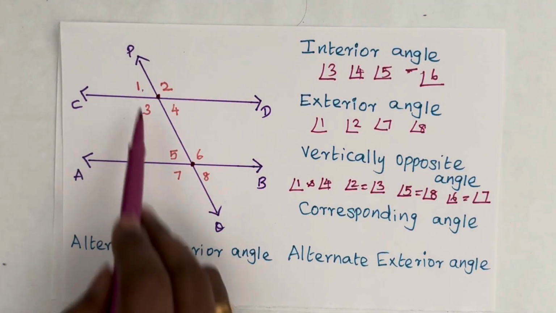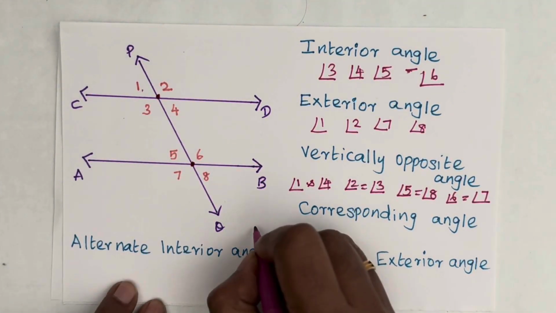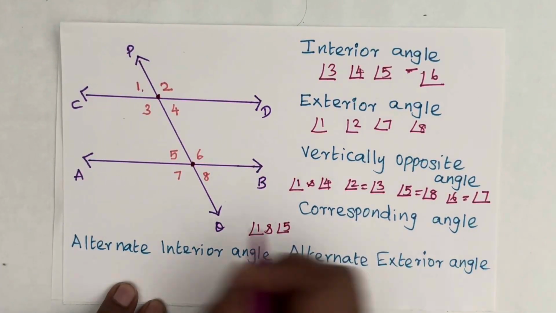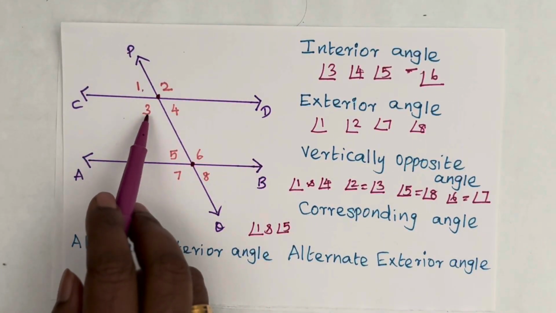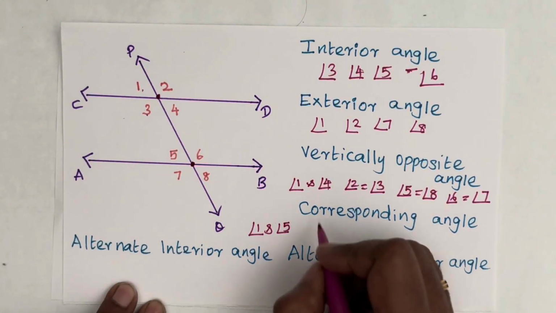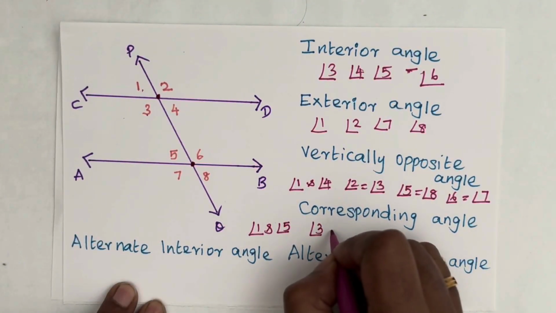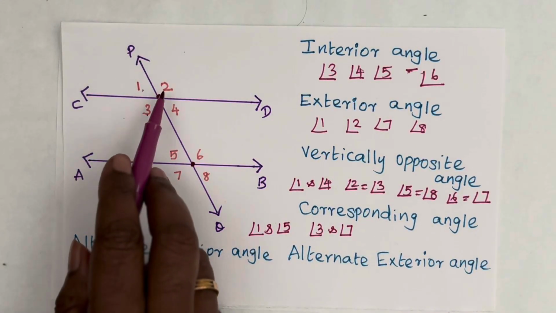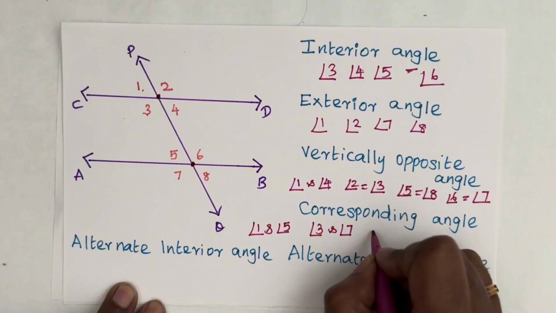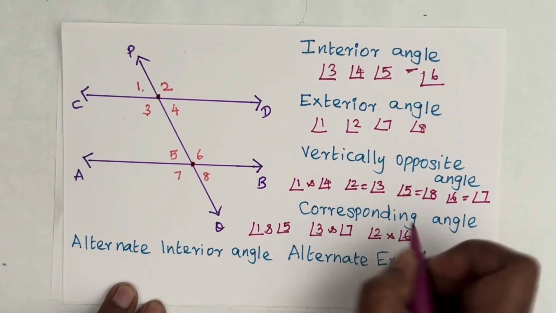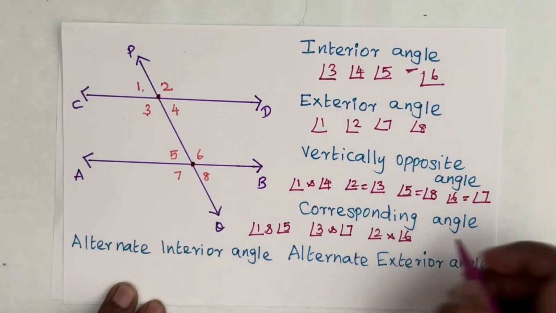So here 1 and 5 are corresponding angles. Then on the same side, 3 and 7. Next 2 and 6. Then 4 and 8.